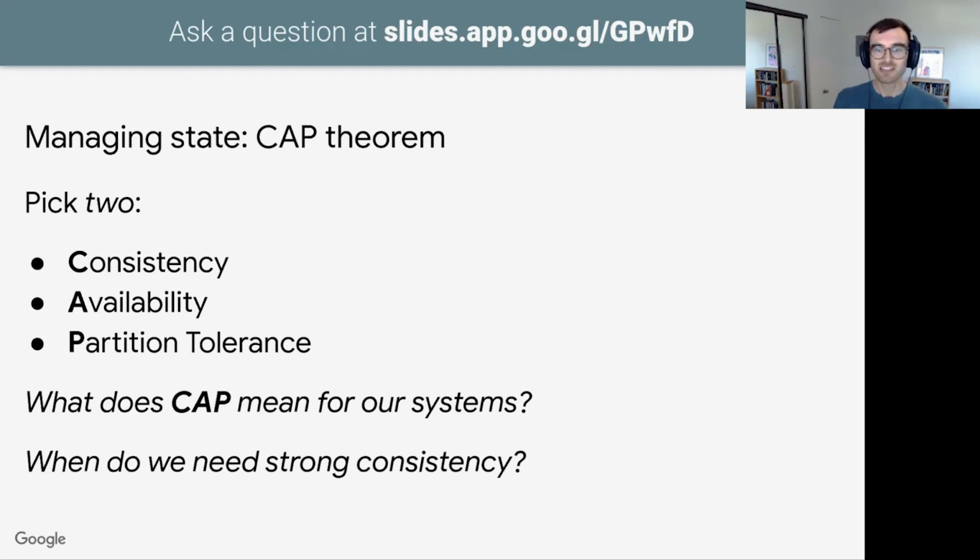You can imagine that if you have two systems, like you have shards or something, and something causes the network between them to break, now some section of your system and another section can't communicate with each other. That means that these systems can't be consistent with each other because they don't know what the other one is doing. The CAP theorem says that you need to pick two of either they're consistent, they're available, or they can tolerate the partition event.